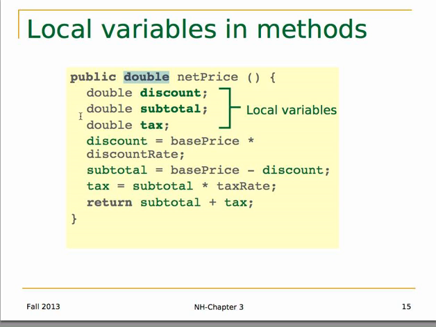Okay, so these variables are not data members. They are local variables inside this net price method. And in general, whenever you need local variables, this is much more preferred to creating new data variables. So there's no reason really, of course we have to look at the whole class as a whole, but there shouldn't be any reason to make these data members.